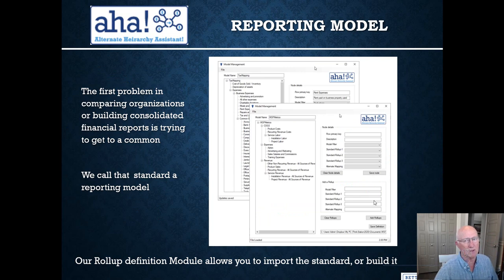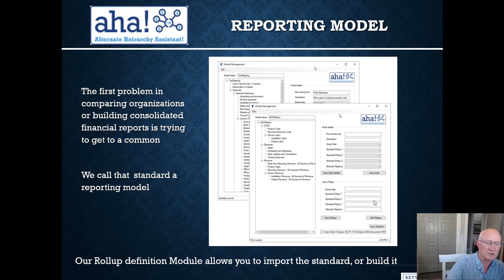Let's dive a little deeper and look at the reporting model situation. So I said we've already created a number of different default reporting models. We've created a tax mapping for Schedule C, a tax mapping for an S Corp. We've also got a default template out there for what we call MSP, Managed Service Provider metrics, where we are grouping together revenue of different types and cost of goods sold of different types.